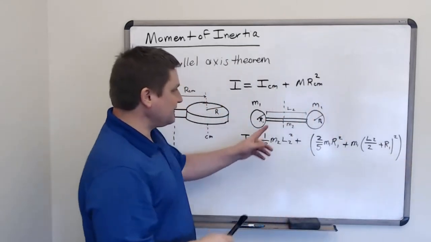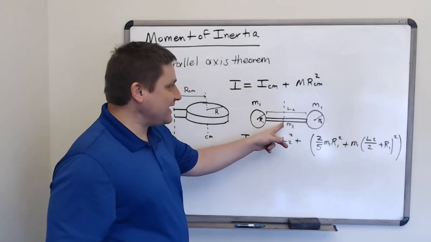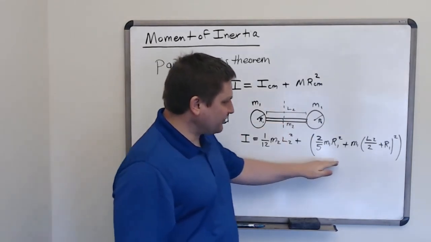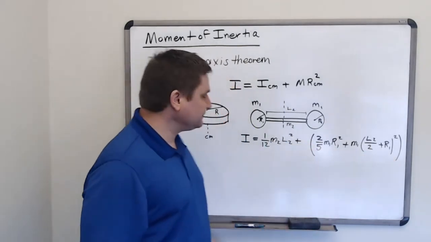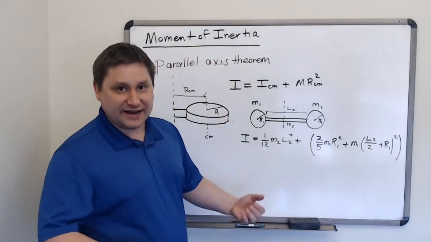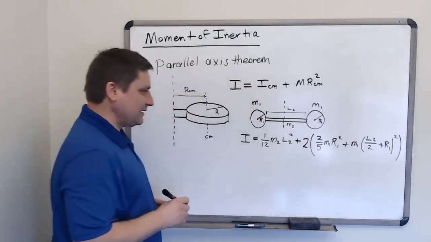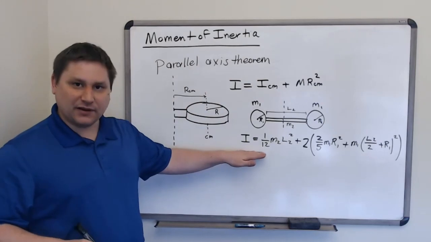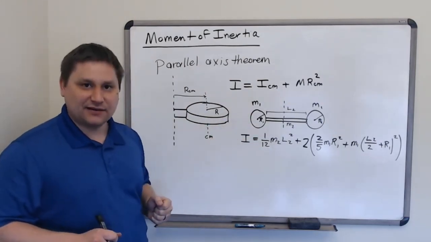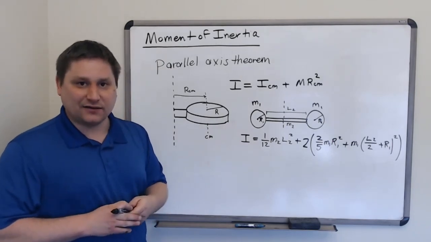That is the distance between the center of mass of the object, the sphere, and the axis of rotation. So this is the contribution of one of the spheres. The contribution of the other sphere will actually be identical to that, so we can just multiply that by 2. And this is the formula for the moment of inertia of this complicated object. It's definitely a more complicated formula, but nothing we can't handle plugging into.